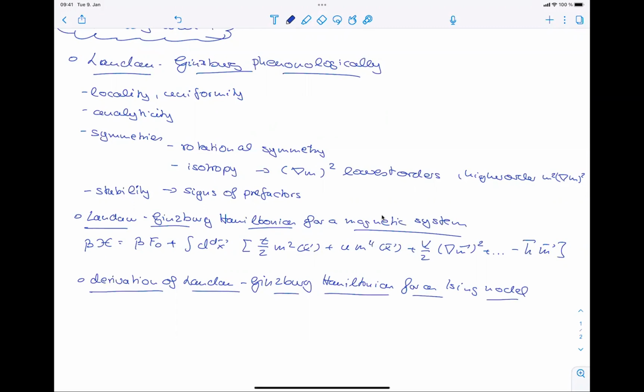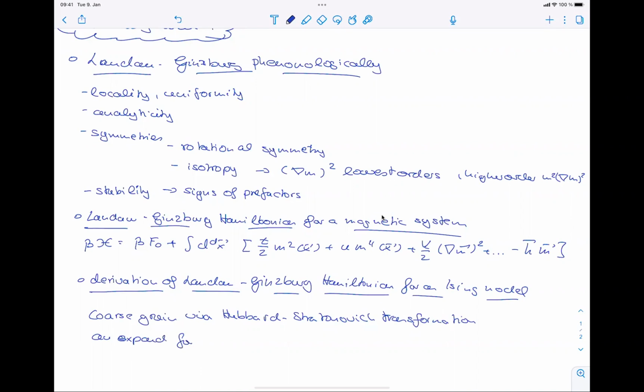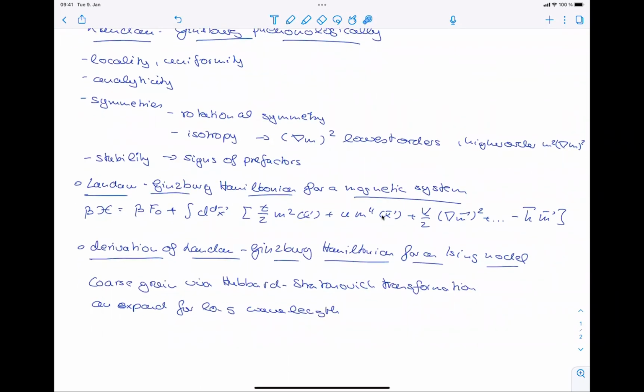The first start here was that we needed the Hubbard-Stratonovich transformation to write our spin systems in terms of field variables, and then turn to Fourier space to look at long wavelength perturbations, and then really arrived with this coarse graining approach at exactly this Hamiltonian.